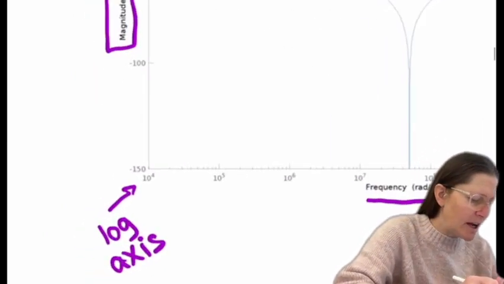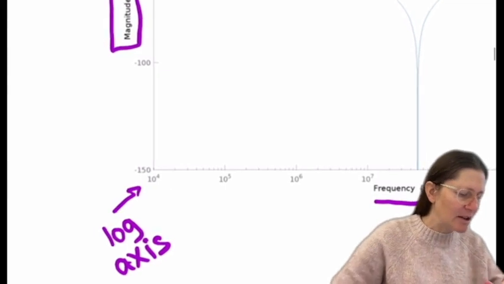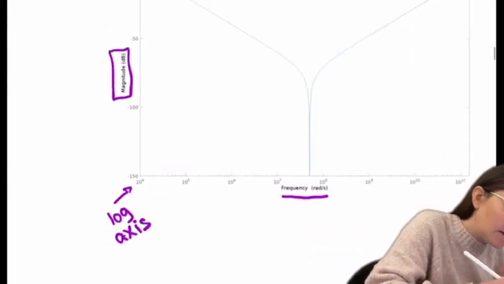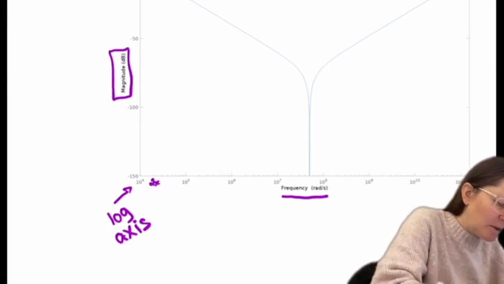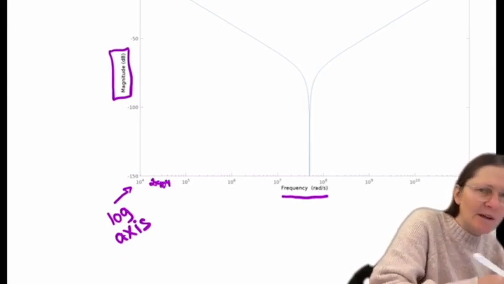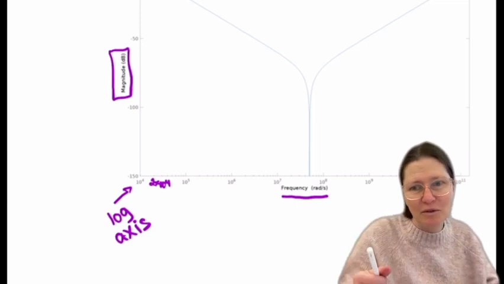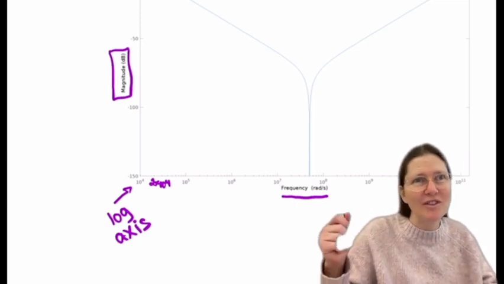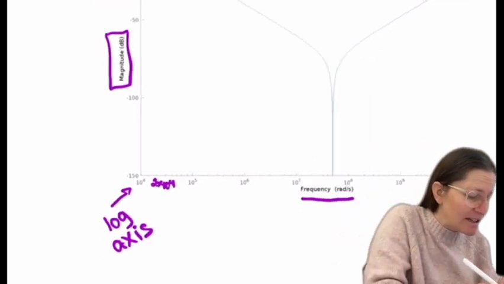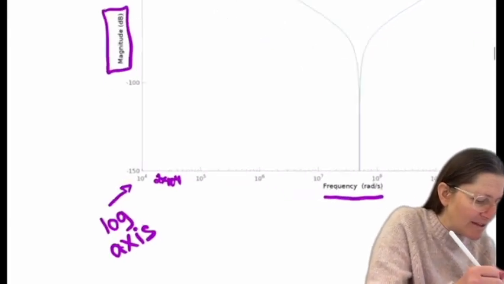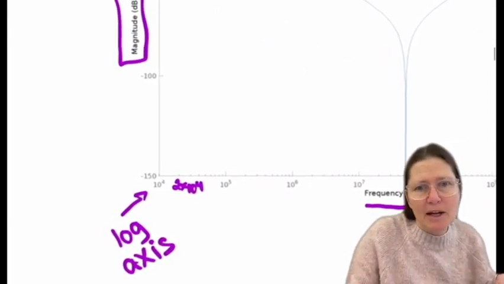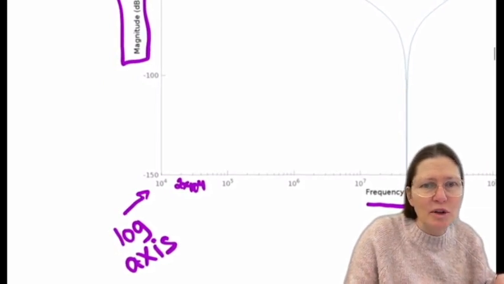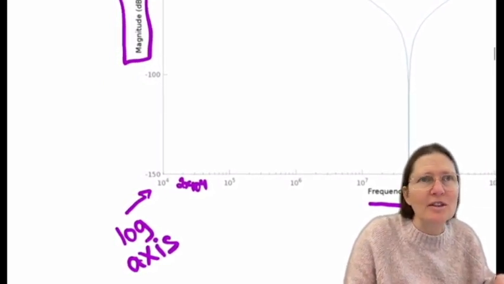These go by tens, so like 10 to the 4th, this would be 2 times 10 to the 4th, and then 3 times 10 to the 4th, 4 times 10 to the 4th, 5 times 10 to the 4th. Each of those lines goes 2, 3, 4, 5, 6, 7, 8, 9 until you get to 10, and then 10 times 10 to the 4th is also 1 times 10 to the 5th.